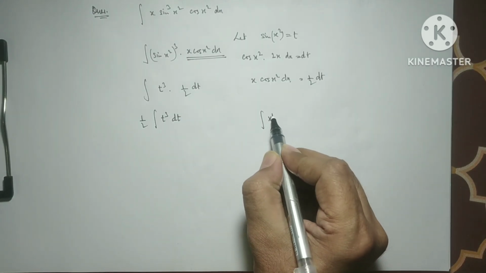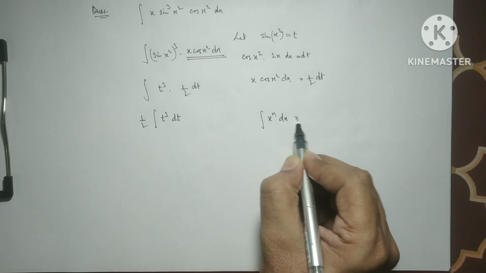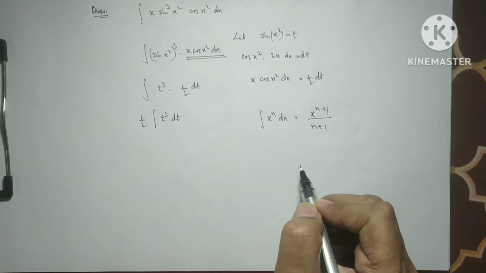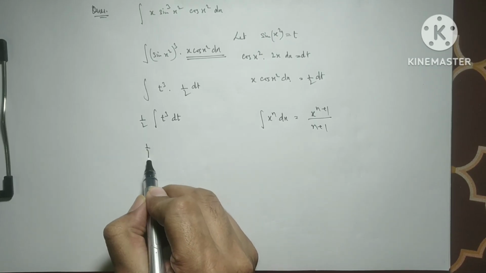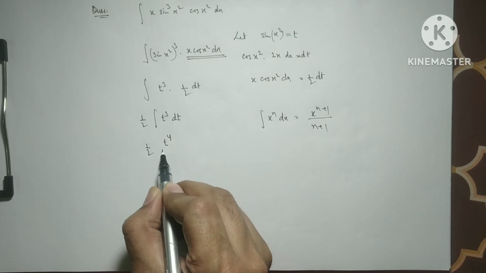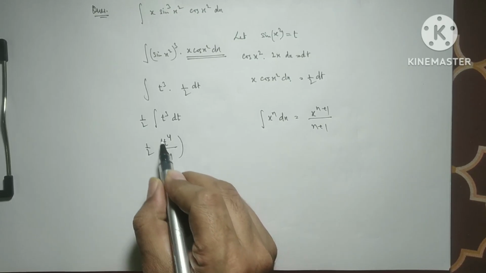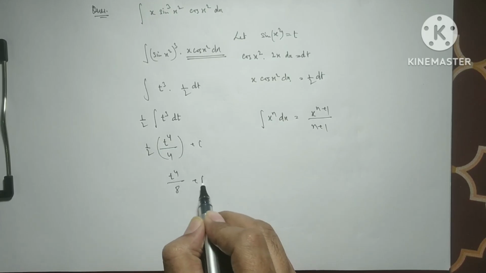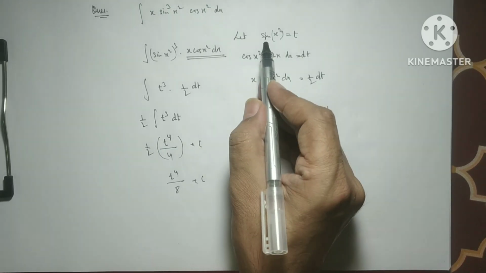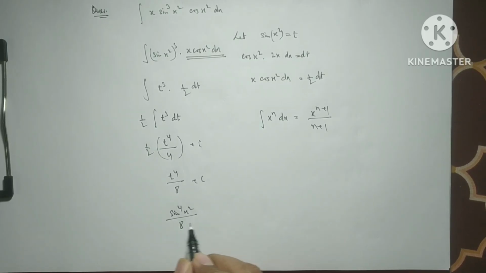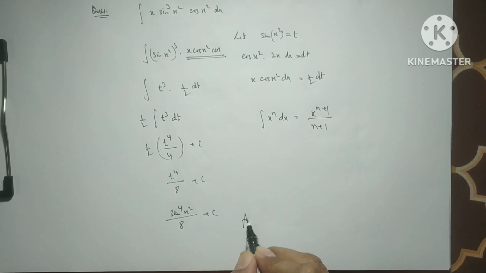So we use the power formula, that is x to the power n plus 1 over n plus 1. It means the integration of t cube will be t to the power 3 plus 1, means t to the power 4 over 4 plus c. It means it is t to the power 4 over 8, and the value of t is sin x square. So it is (sin x square) to the power 4 divided by 8 plus c. So it is the answer.